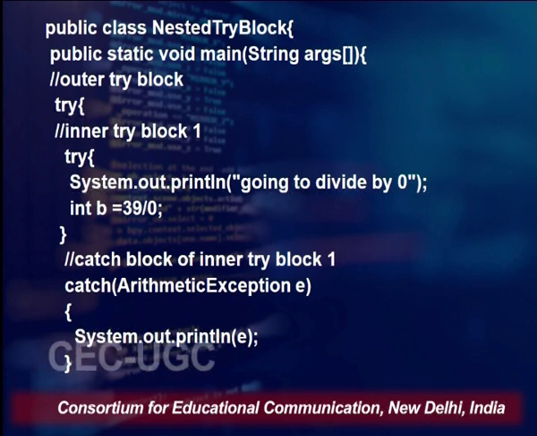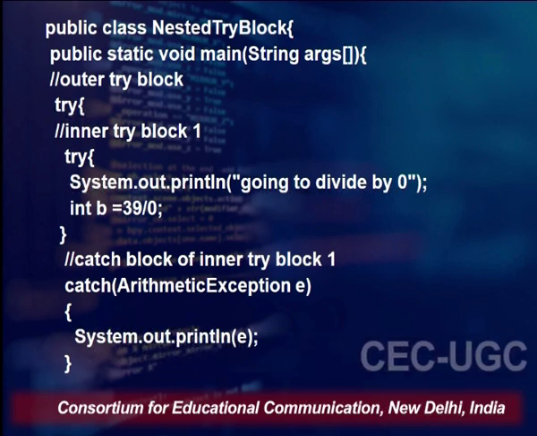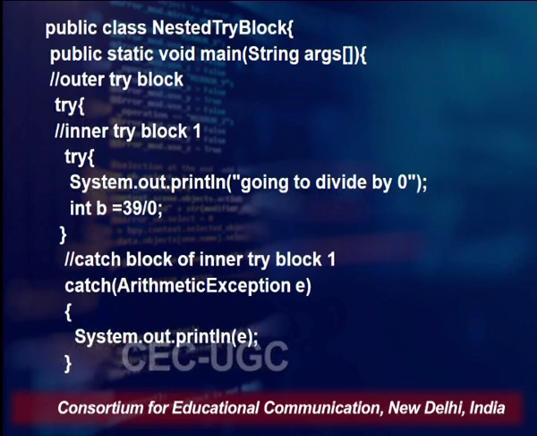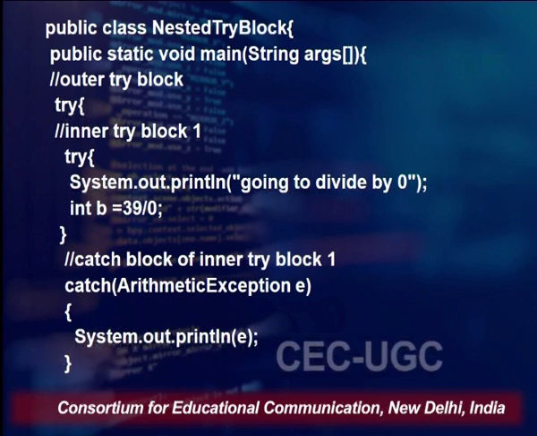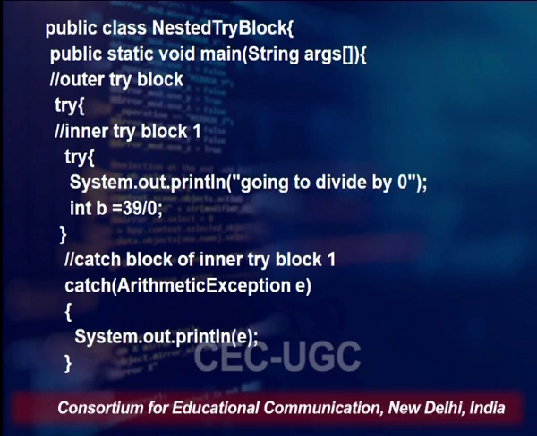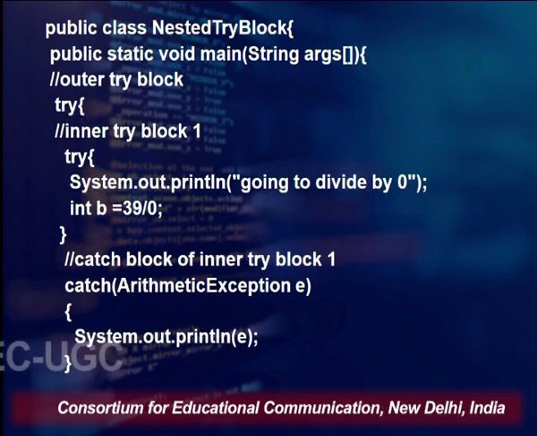We are deliberately generating a divide by 0 exception with the statement int b = 39/0, and just before that statement we have written System.out.println("going to divide by 0"). All these println lines help us trace the execution of the program properly.